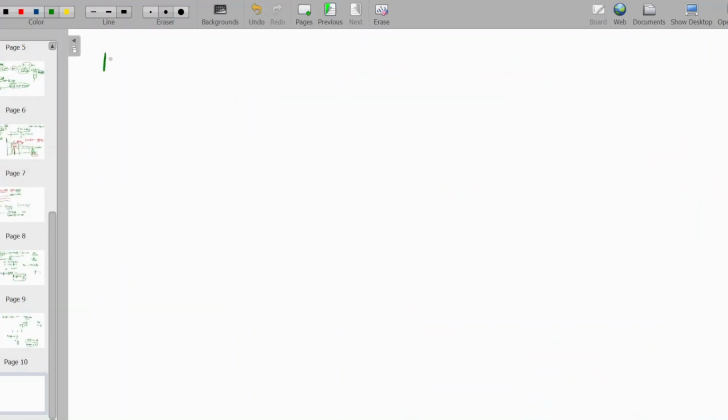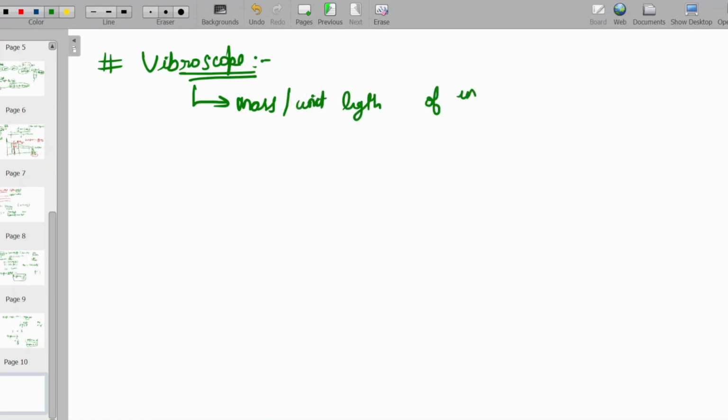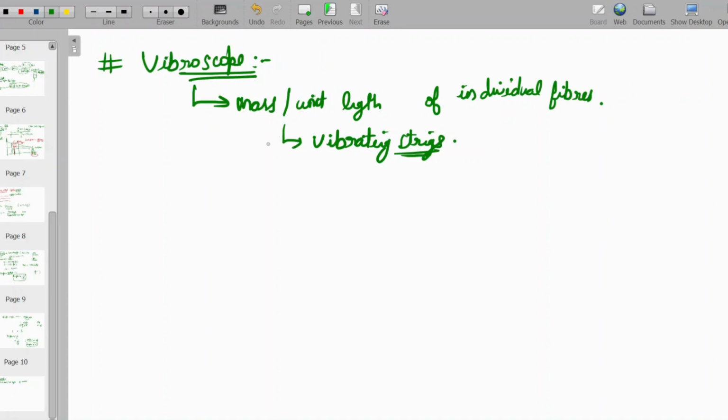Now the last is the vibroscope. The vibroscope is used for determination of mass per unit length of an individual fiber. It works by the theory of vibrating strings. The strings are vibrated, and on that basis the mass per unit length is measured.